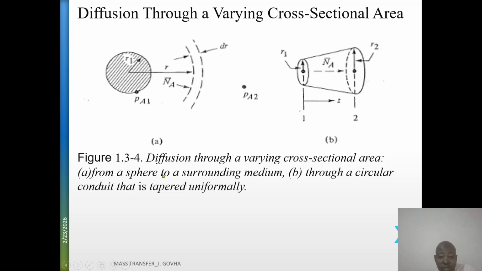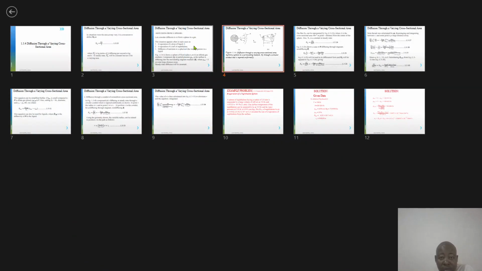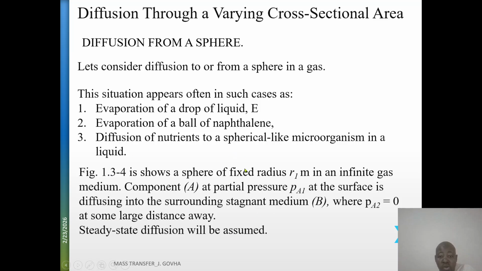So this is Fig 1.34 where we have our sphere there, indicating the movement of the liquid and how the cross-sectional area is changing. So a fixed radius R1 in an infinite gas medium, component A at partial pressure Pa1 at the surface is diffusing into the surrounding stagnant medium, where Pa2 is equal to 0 at some large distance away.